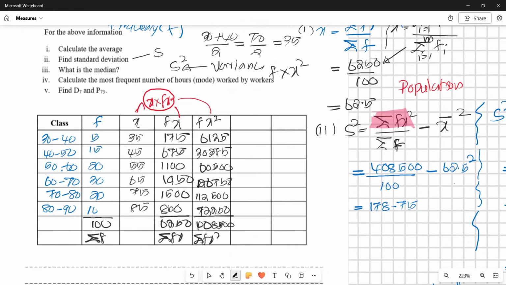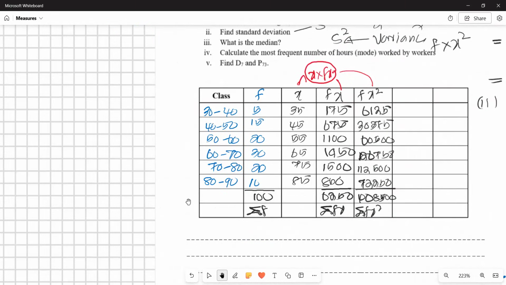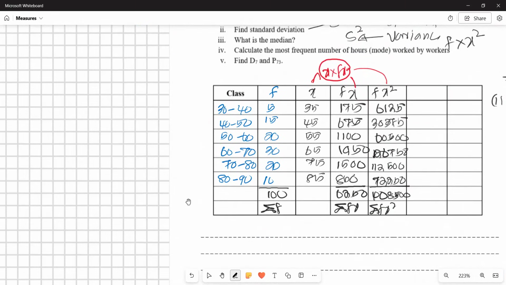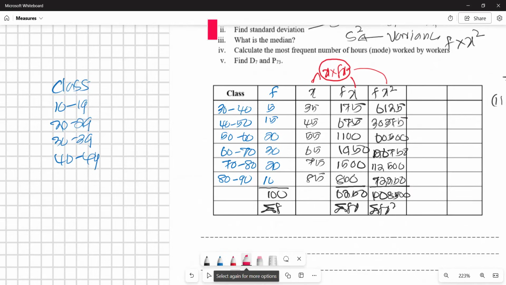But if you get classes like 10 to 19, 20 to 29, some papers include like that, 30 to 39, 40 to 49, then you have to convert to class boundaries.